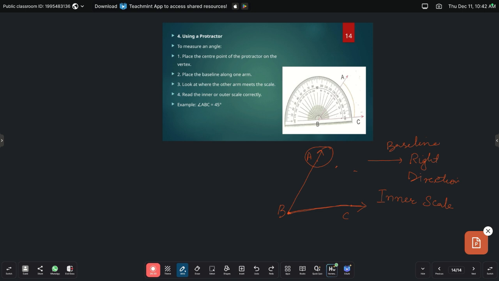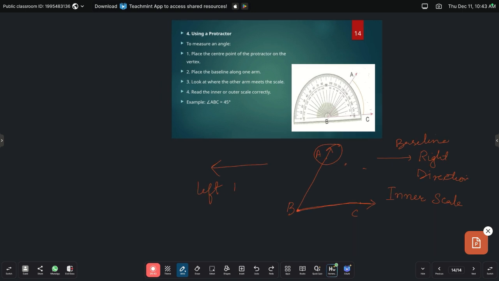But if the baseline is in the left direction, then you have to use the outer scale or outer reading.